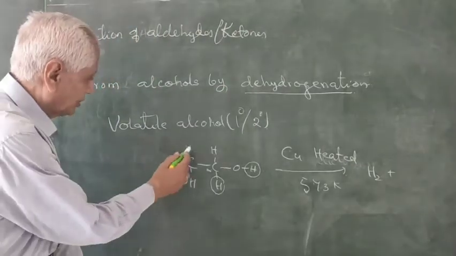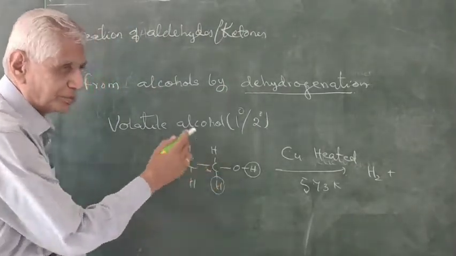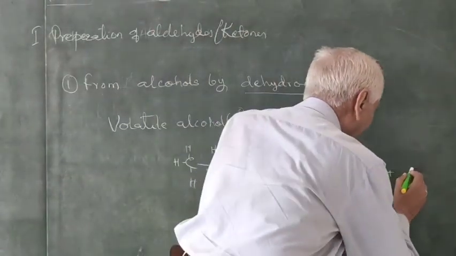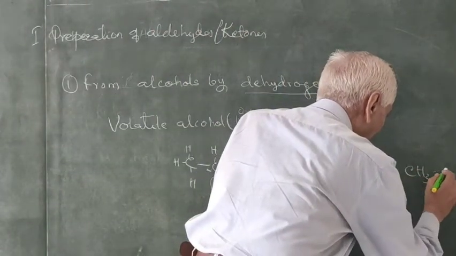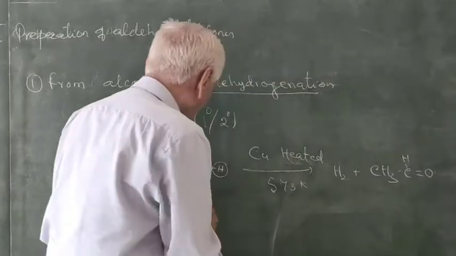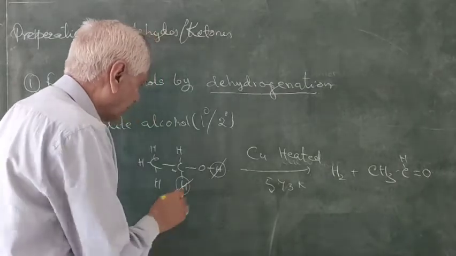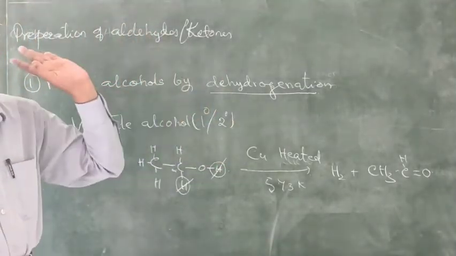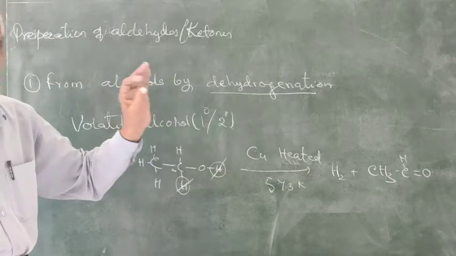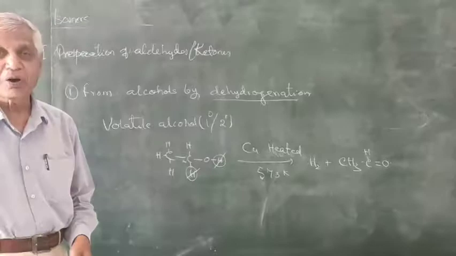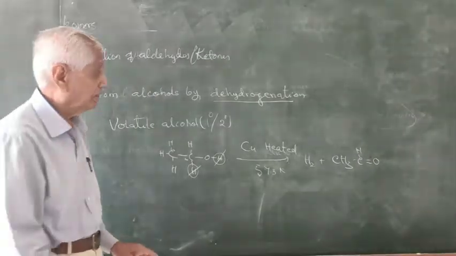What do we get? CH3CHO. Very simple. This H is gone, therefore a double bond will pop up here. So this is a convenient method of preparation of aldehydes from alcohol.